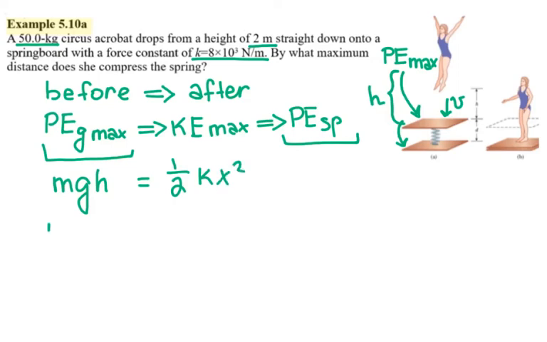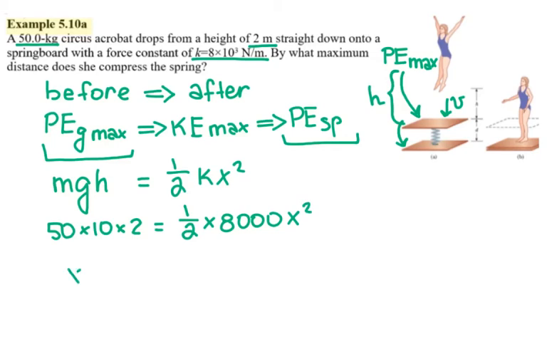Her mass is 50, g is 10, h is 2, equals 1/2 K, which is 8,000, times x squared. So x is equal to 0.5 meters or 50 centimeters.